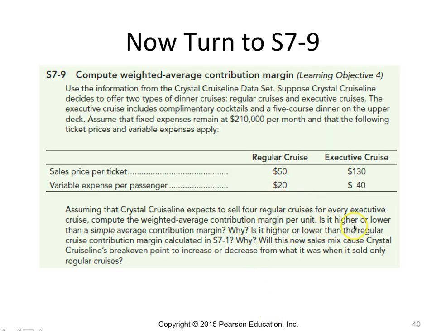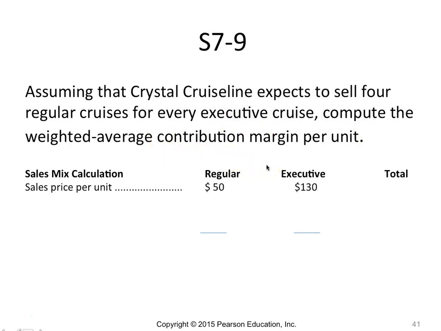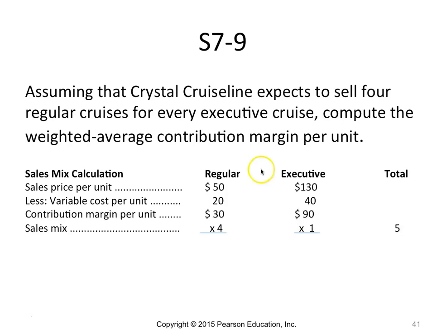Assuming this is higher, is it higher or lower than the simple average contribution margin, and so on? Okay. Assuming I expect to sell 4 regular crews for every executive cruise, compute the weighted average contribution margin per unit. So here, 4 regular for every executive, so 4 and 1.